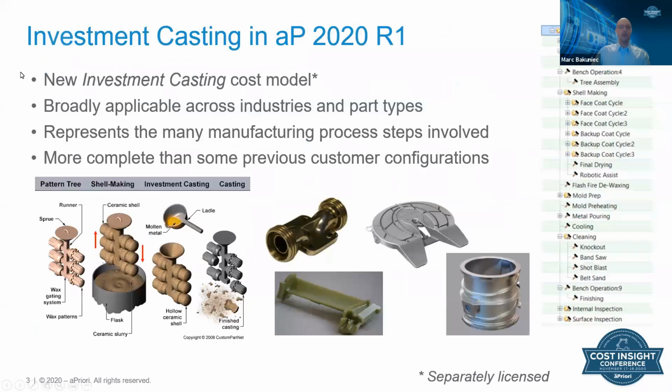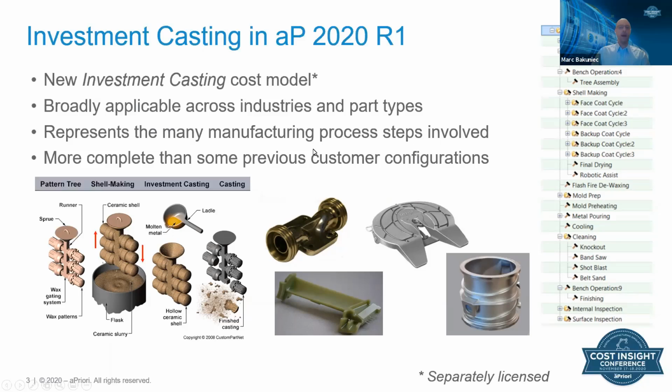So investment casting in general is, of course, and this is something that we try to achieve with all of our cost models, broadly applicable across multiple industries and also multiple part types. We always try to represent the manufacturing steps and process steps included in the process group and in the manufacturing when we create a new cost model.